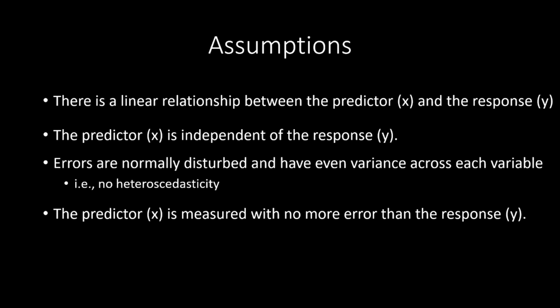The model also assumes that the predictor is measured with no more error than the response. If you have crappy predictor data, it's going to be hard to get good response data or predict good response data.